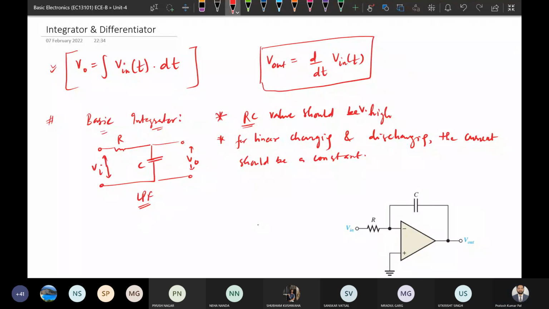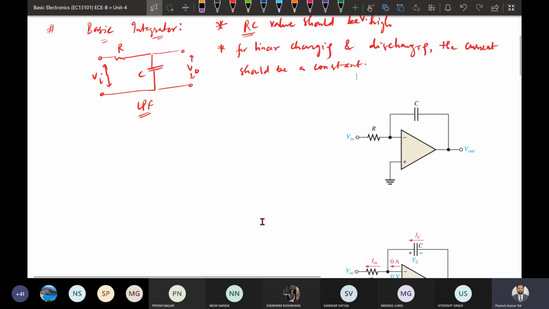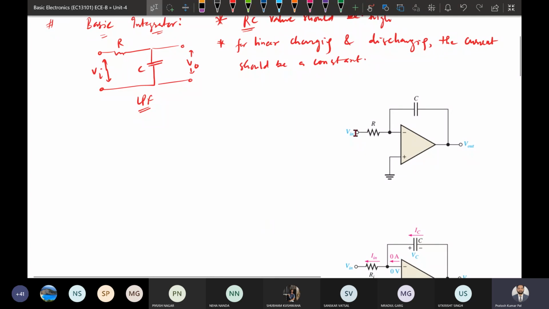A similar concept we can implement by using the operational amplifier. There the RC value will not have that much effect, meaning it should not need to be that high, and the linear charging and discharging, that is, the constant current, can be implemented by using the operational amplifier.